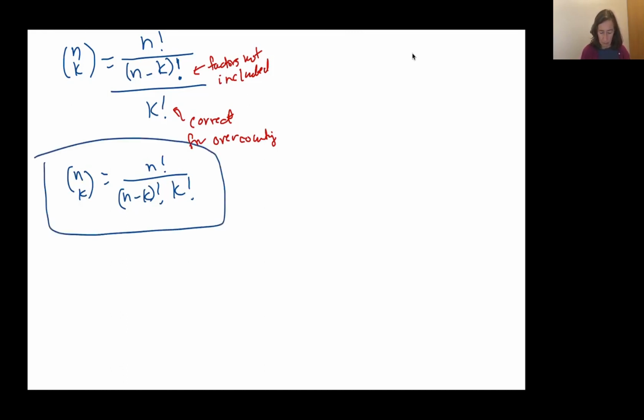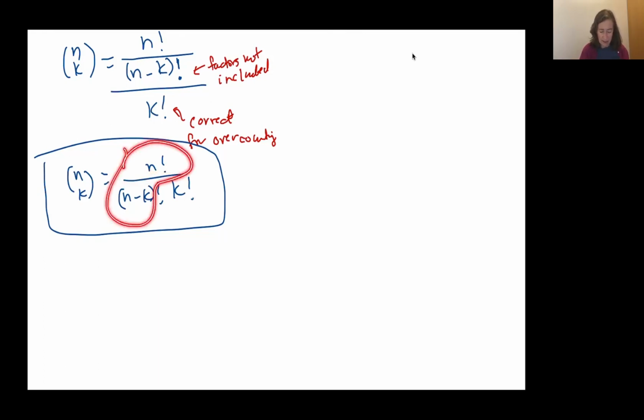What I was doing here, in belaboring this point, is that I think the standard formula can be hard to wrap your brain around, because we're used to thinking of the numerator meaning one thing and the denominator meaning another. And that's not actually what's going on here.